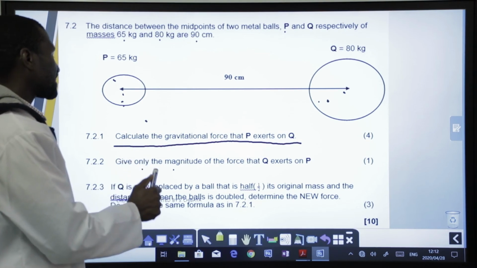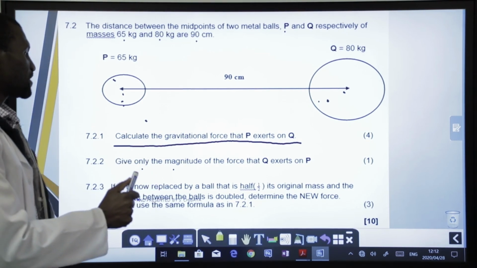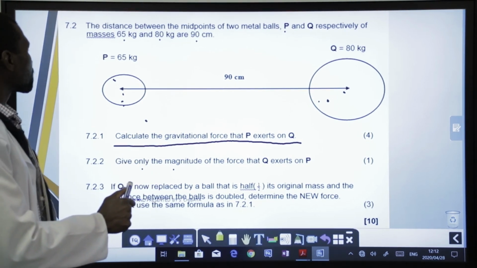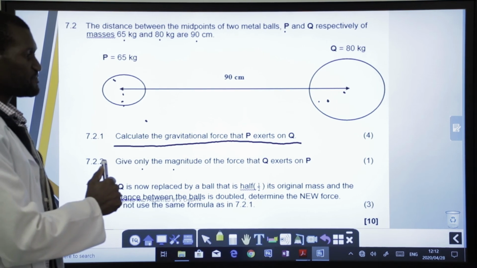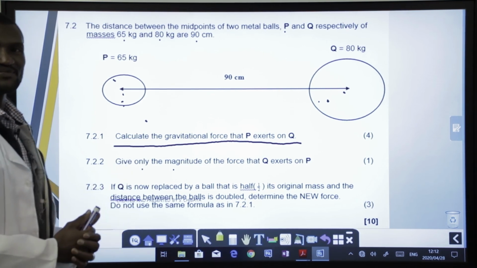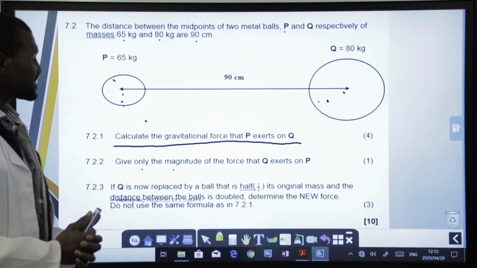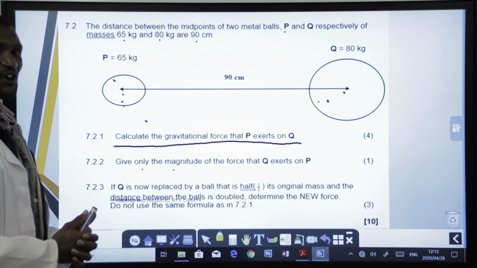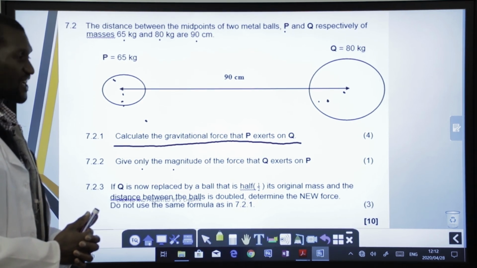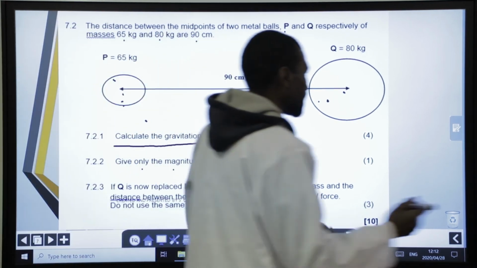Only the magnitude of the force that Q exerts on P. What do you think? Equal, but opposite, right? So they just want the magnitude.